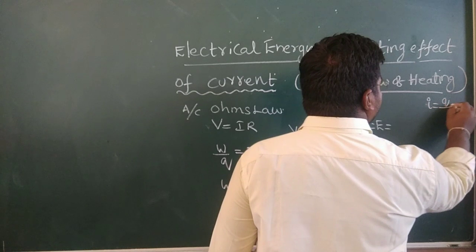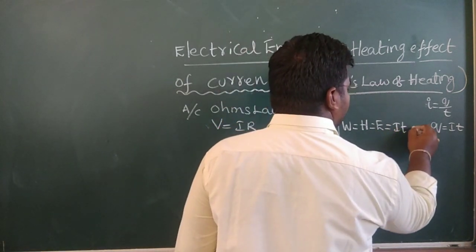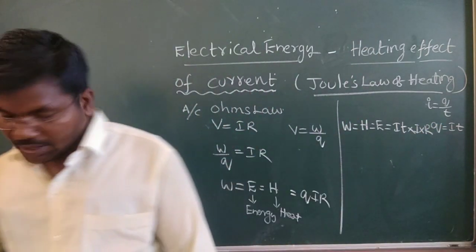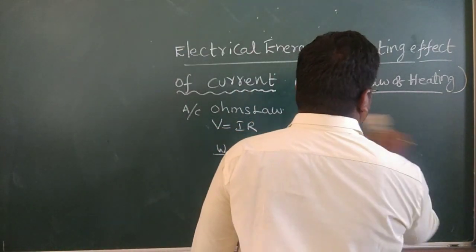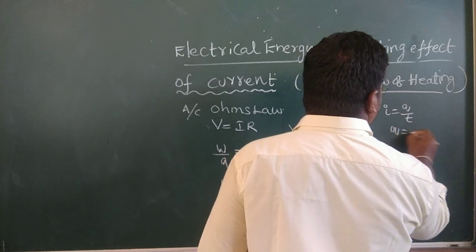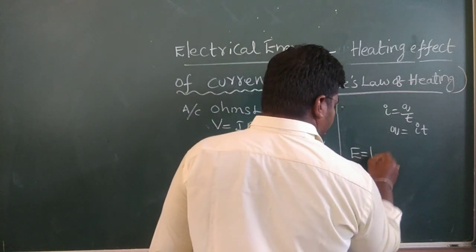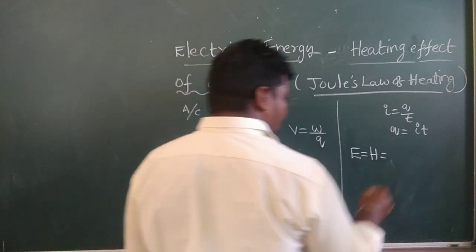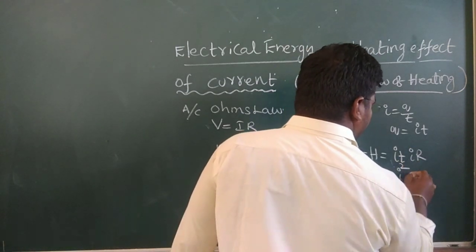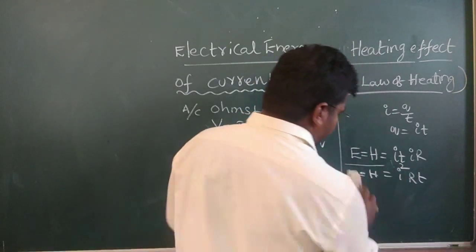I is equal to Q by T, then Q is equal to I into T. We can substitute: energy or heat energy is equal to I into T into I into R, which is I square RT.